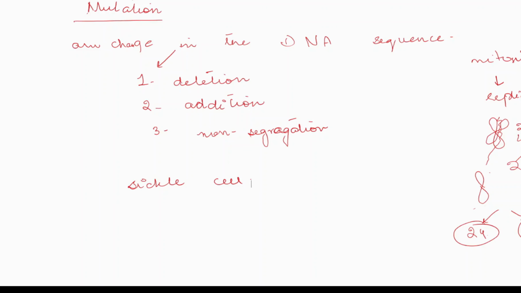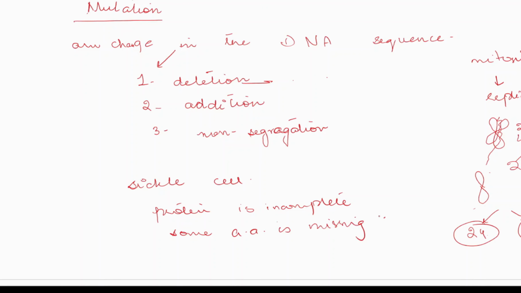So, when there should be a change, a deletion of something, maybe some sequence is deleted, due to which the protein is incomplete. Some amino acid is missing. This means the hemoglobin would not be able to carry or combine enough oxygen. So this is mutation.